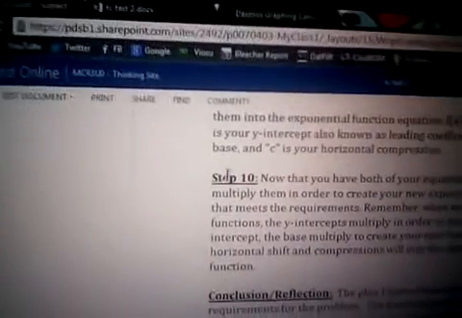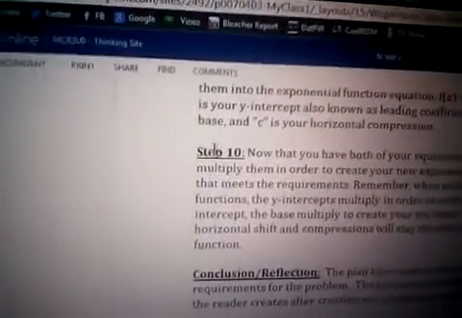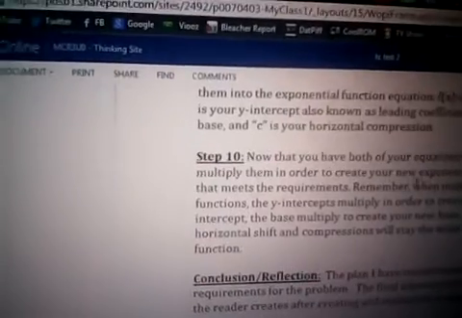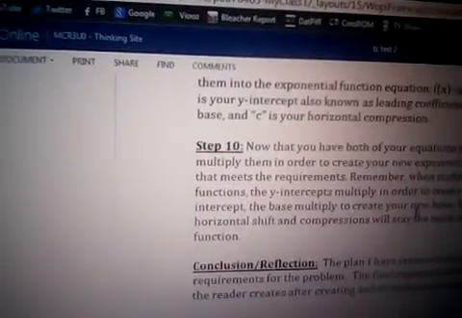But I did look at it and it does make sense. And as far as the parent function, there was a restriction for the parent function. New base, however, the horizontal will stay the same. Yep. Parent function here just in case. So that shows off the horizontal compression. So overall, I'd say the plan works.